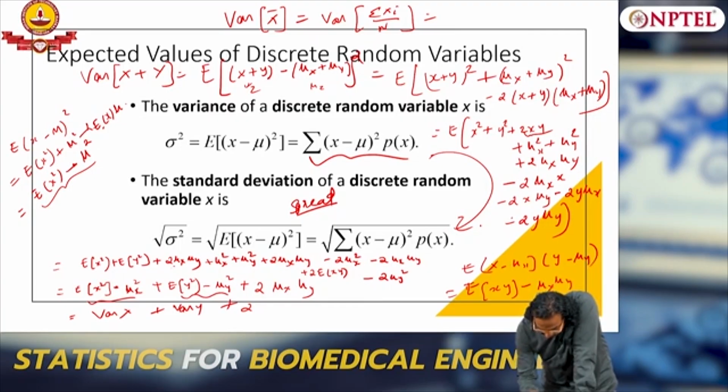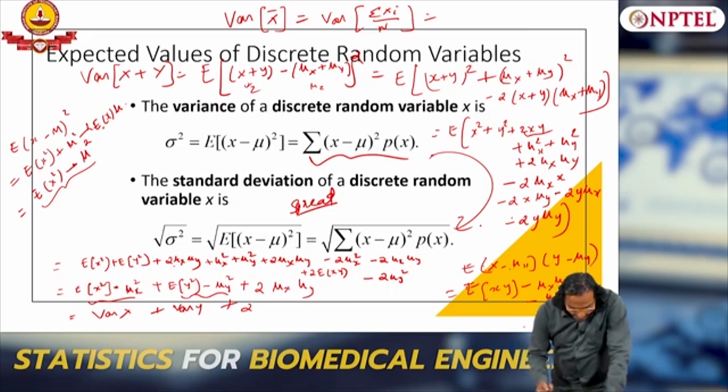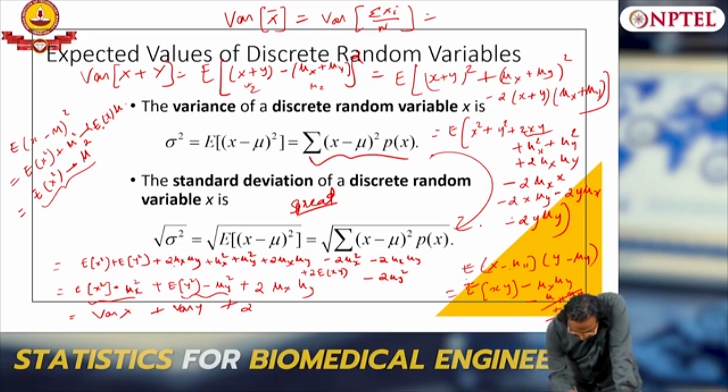Then I have minus mu x mu y plus mu x mu y, these two get cancelled. So what do I have essentially? Plus 2 times expectation of xy minus mu x mu y.